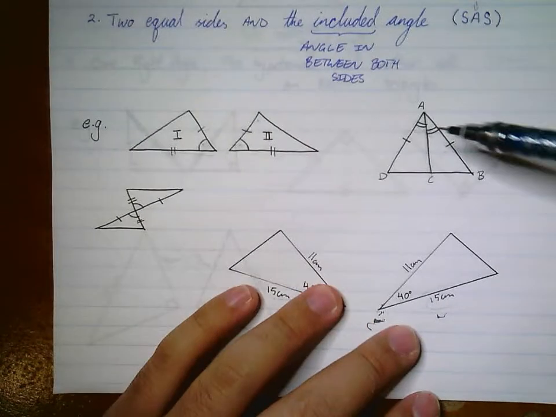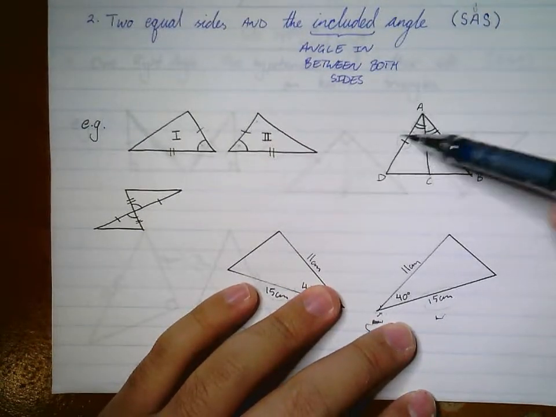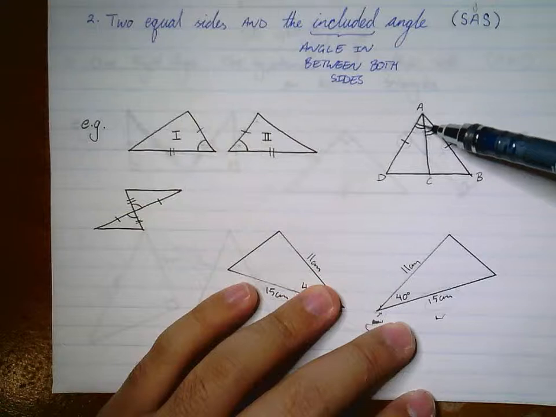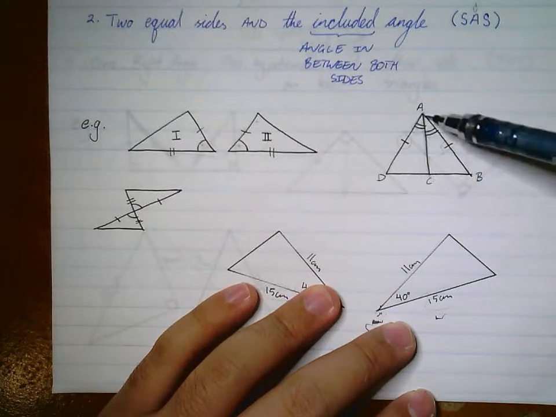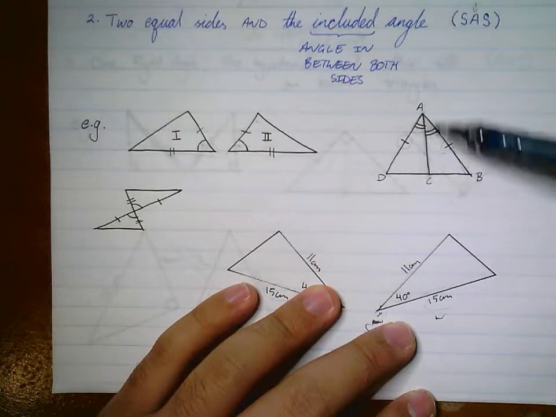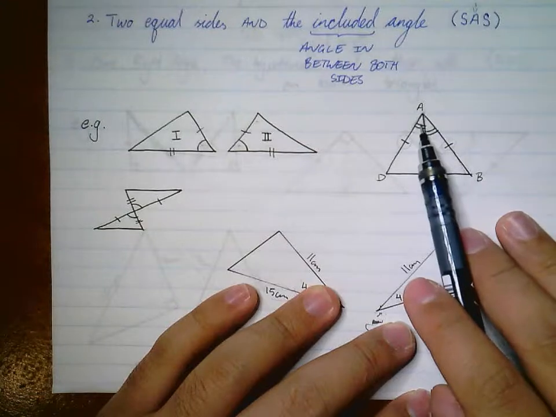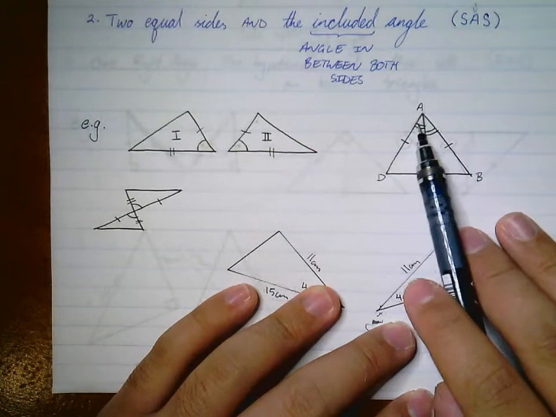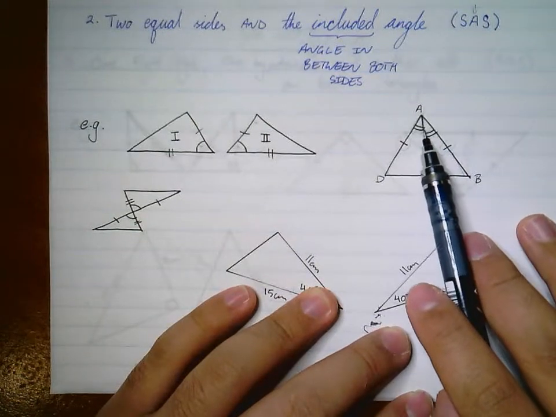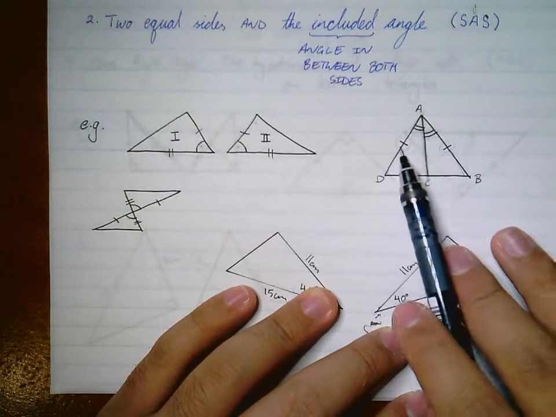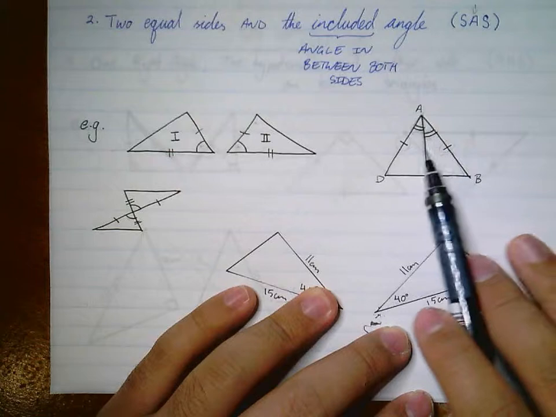Here's another example. We have one pair of equal sides. This side here in both triangles is shared, so they're on the same line, so they must be equal. And notice how this angle is equal to this angle, and the angle is in between the two equal sides.